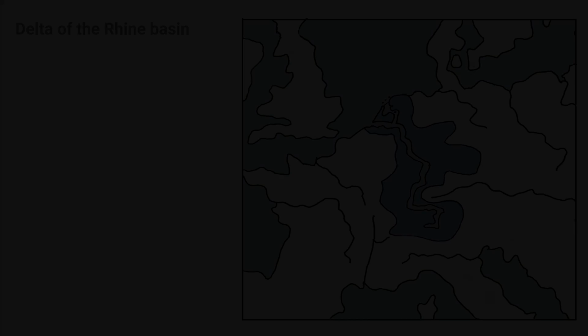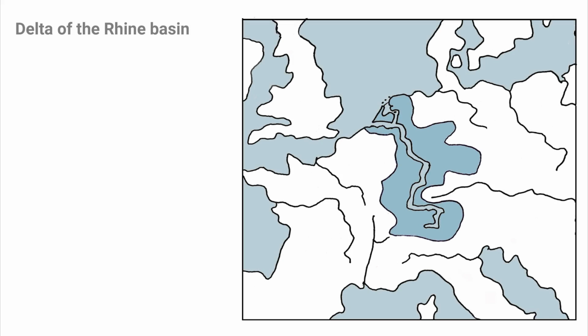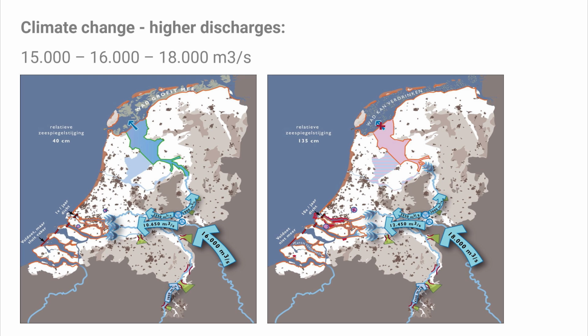Quick introduction. The Netherlands is an urban delta, highly urbanized and dominated by the Rhine at the end of the delta in Europe. As we just got introduced, a lot of our country is vulnerable, low-lying land, both at the coast and along the rivers.